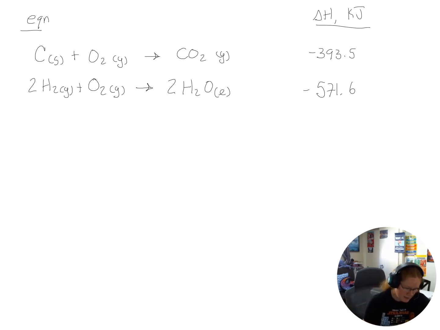Okay, now my last reaction, I didn't multiply it, but I inverted it. All right, so my carbon dioxide and my waters went to my reactant side. Okay, and my methane and my oxygen went to my product side.